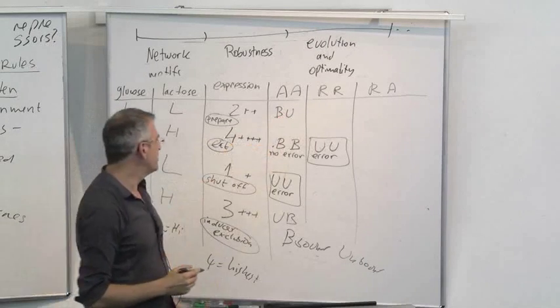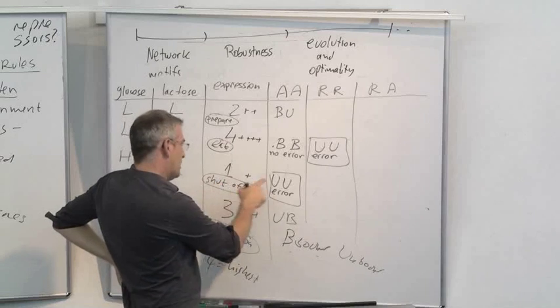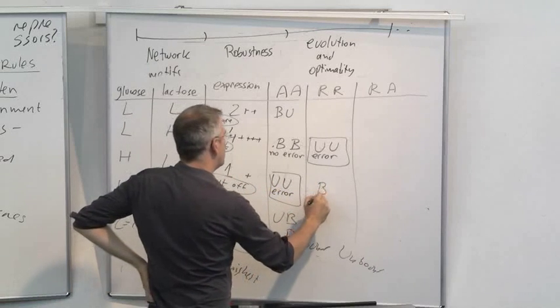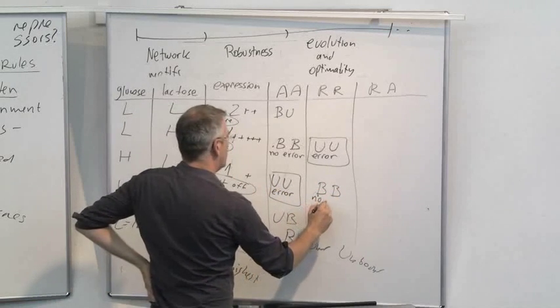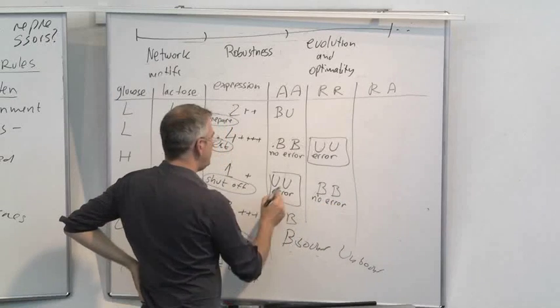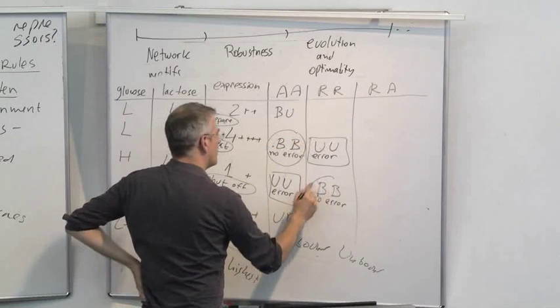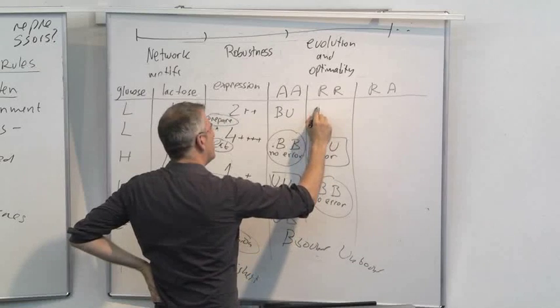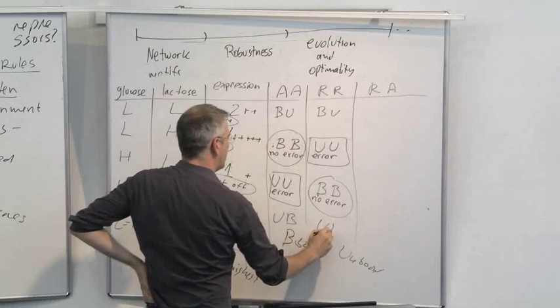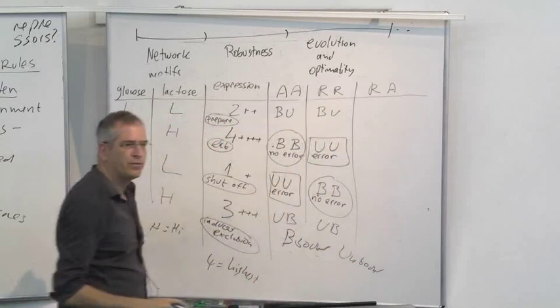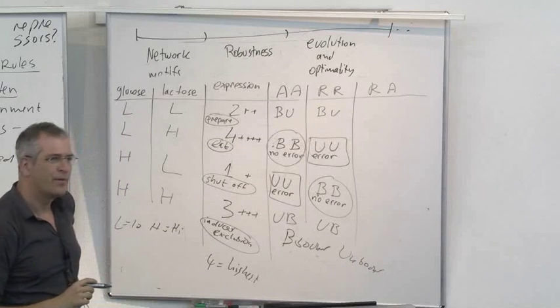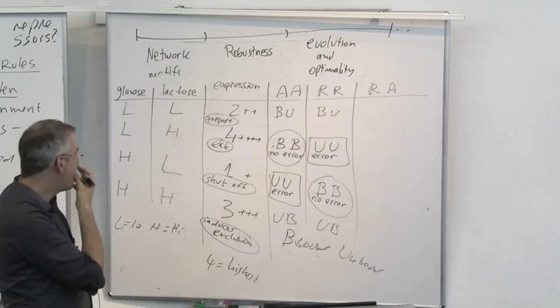What about repressor, repressor? The shut-off state is the one that's the best. Okay? And then you have the bound, unbound, and unbound, bound. And what about repressor, activator?